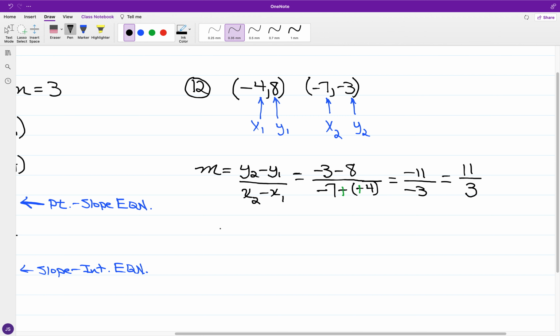Now, for creating a route to the slope-intercept form, we can set things up in accordance with the point-slope formula. You can choose either negative 4, 8 or negative 7, negative 3 for that ordered pair in the point-slope equation.